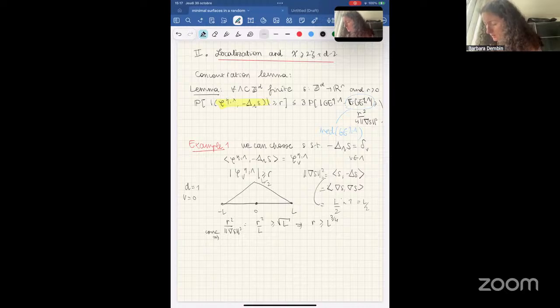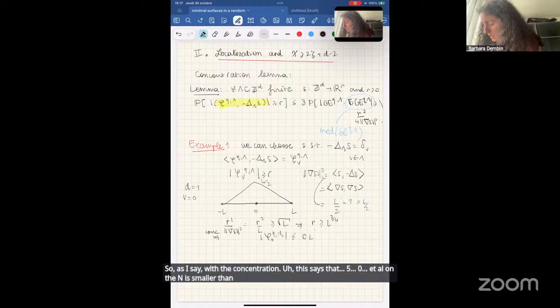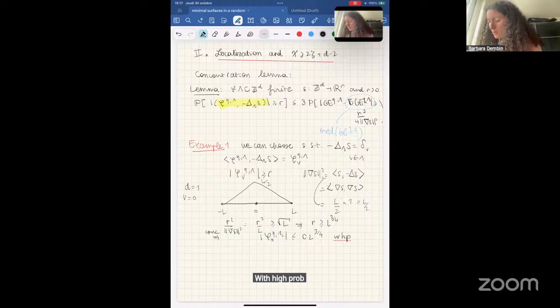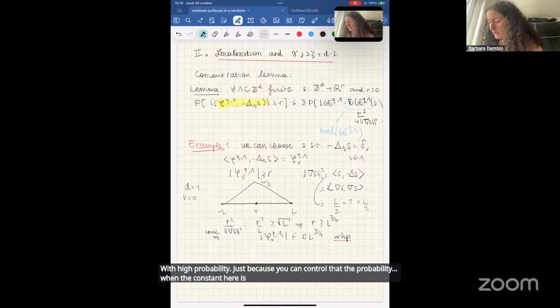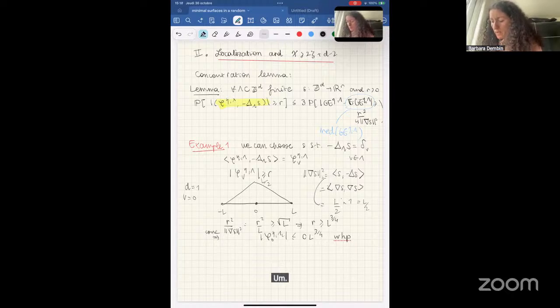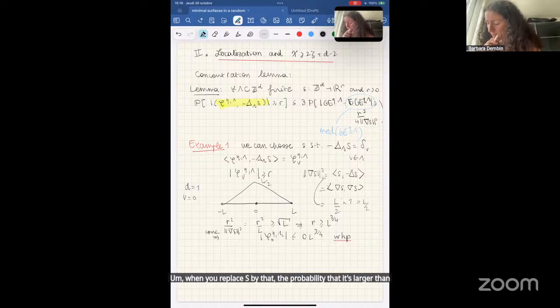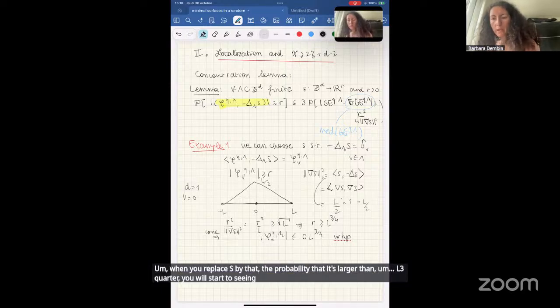So as I say, with the concentration, this says that phi 0 eta lambda L is smaller than constant L to the 3/4 with high probability. Just because you can control the probability, when the constant here is large, that when you replace S by that, the probability that it's larger than L to the 3/4, you will start to see a decay.